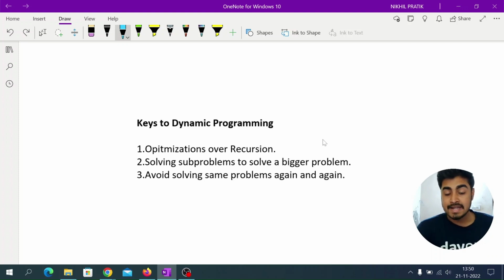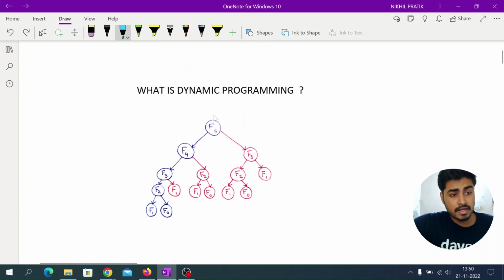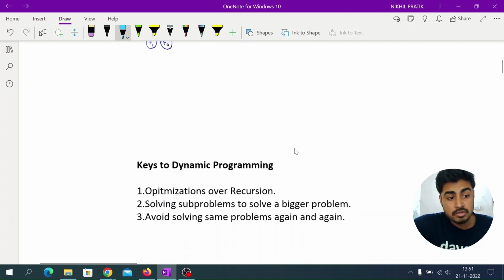We have a bigger problem, F5, which is divided into smaller sub problems like F4 and F3, but you can see that F3 is computed here and again F3 is computed here. Why compute the problem two or more times? That is why we need to optimize over recursion.